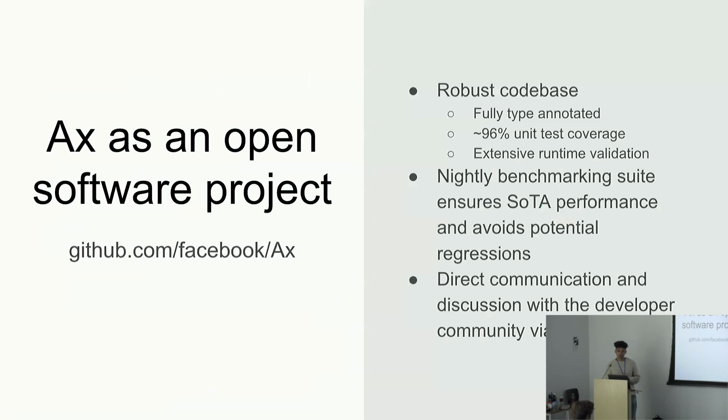We have dozens of developers committing, and we have commits going every day. So we're really happy with the robustness of our code base. We try and make it very easy to develop in a stable way through having a lot of unit tests, fully typed everything, and this nightly benchmarking setup, which runs internally every night on a variety of internal and external benchmarks to make sure that we're not having any regression sneak in and that we're continuing to have state-of-the-art performance.